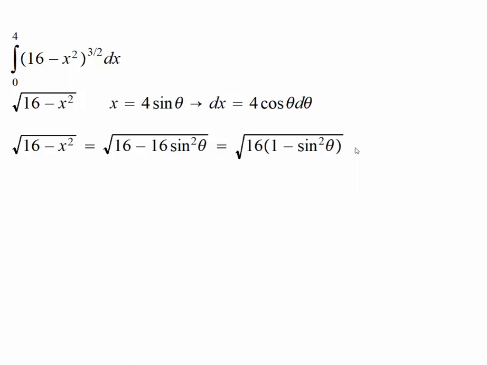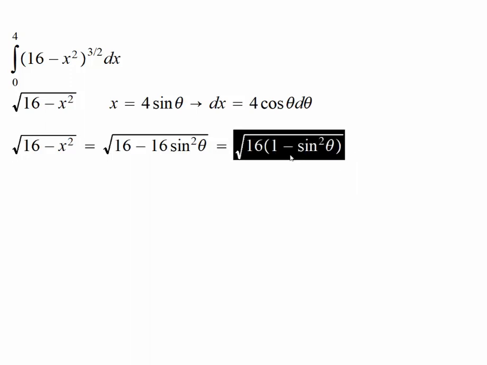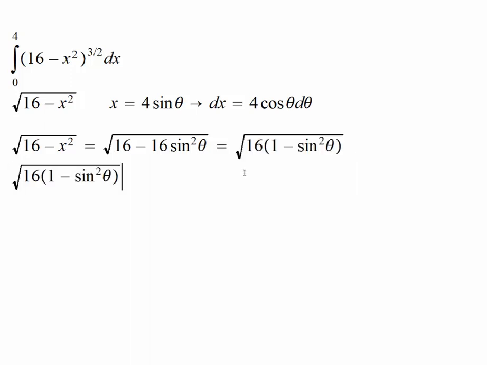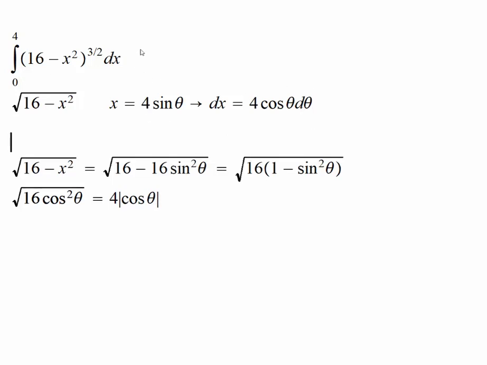Then this becomes the square root of 16 times cosine squared theta using the Pythagorean identity. Now this would be 4 times the absolute value of cosine theta. But notice that x ranges from 0 to 4.